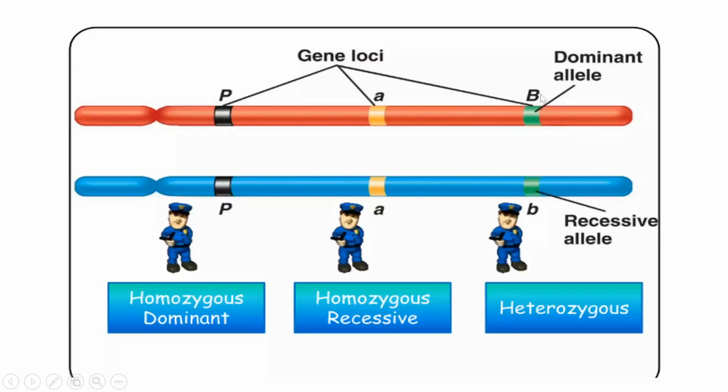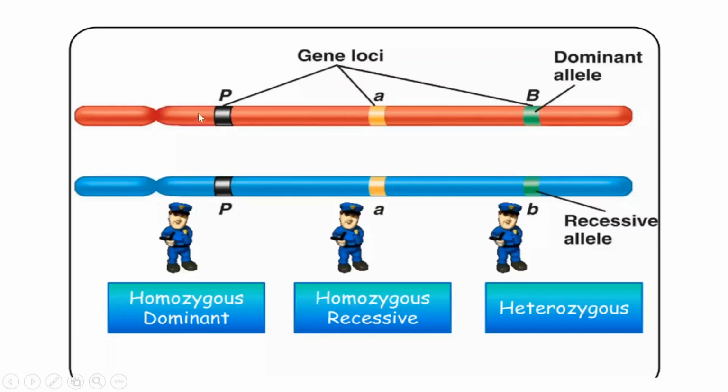These are the two alternative forms, or alleles, of a particular gene. The place where these alleles are present is called the genetic locus, and capital B represents the dominant allele of that gene, and small b represents the recessive character of that gene.